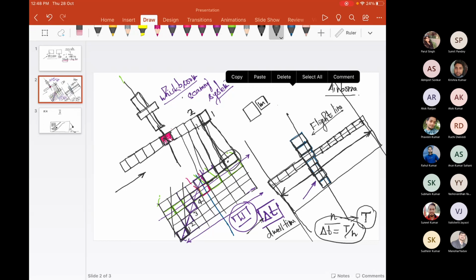Fine. Even in the third case, what we consider while analyzing is that one CCD senses one GRC. The adjacent CCD senses the next GRC. In this way, the width across the flight line is covered.